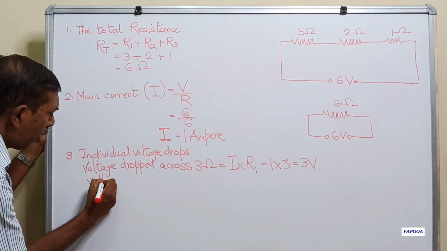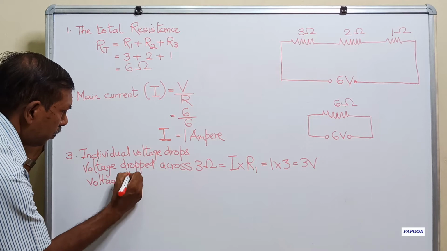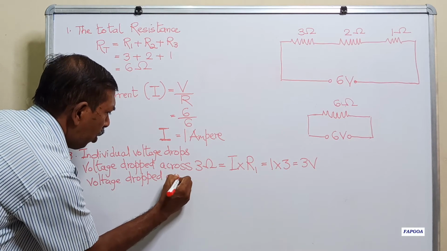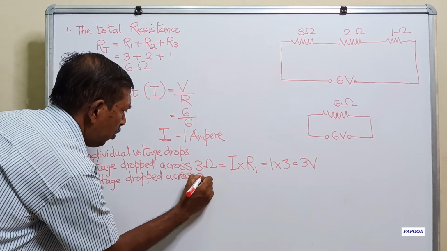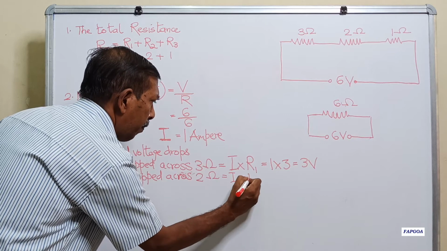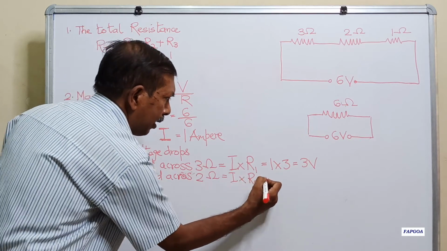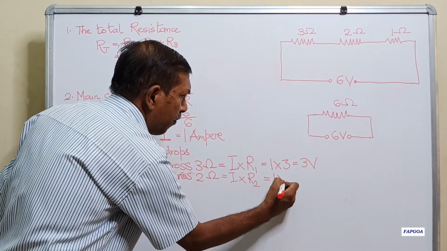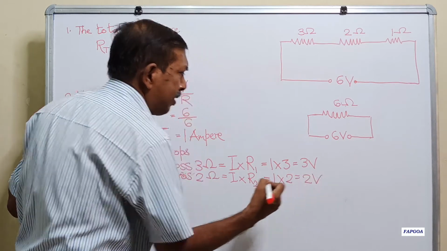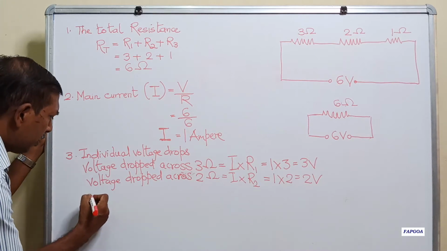Now the voltage drop across 2 ohms is I multiplied by R2. The current remains the same, whereas the value of the resistance changes. So here it is 2 volts.